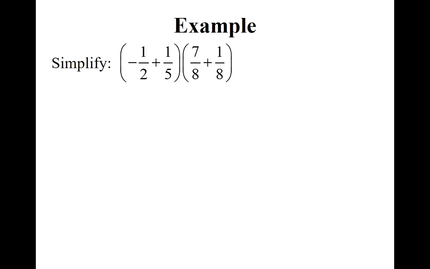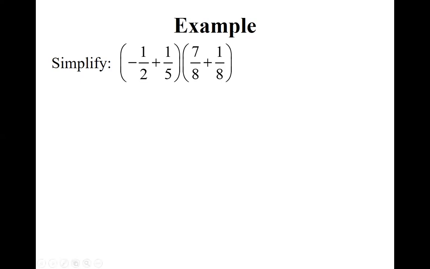Next up, this should be fun. -1/2 plus 1/5 in parentheses times in parentheses 7/8 plus 1/8. We work in the parentheses first. Let's work on the left one. -1/2 plus 1/5. We need a common denominator.